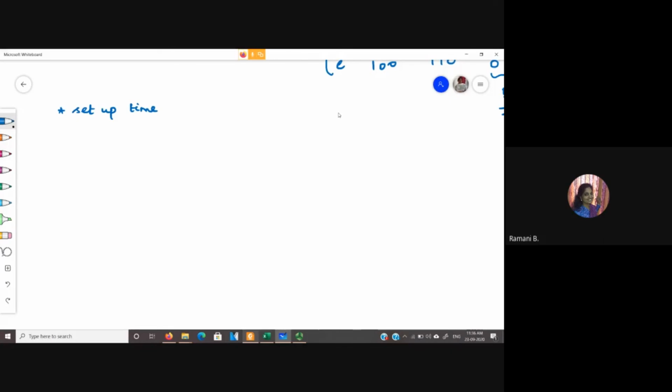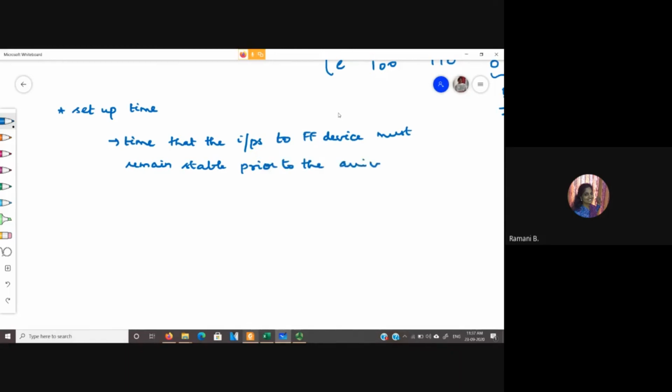The setup time is the time that the input to the flip-flop device must remain stable prior to the arrival of the clock edge that triggers the device.